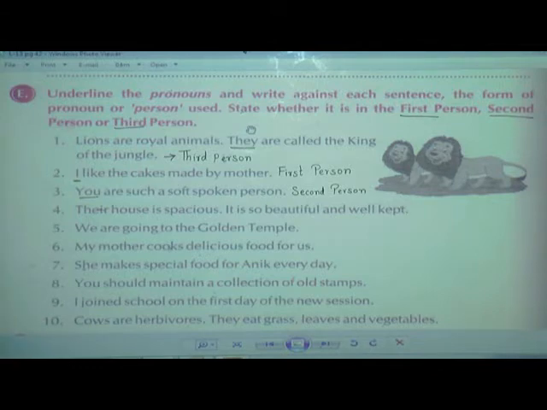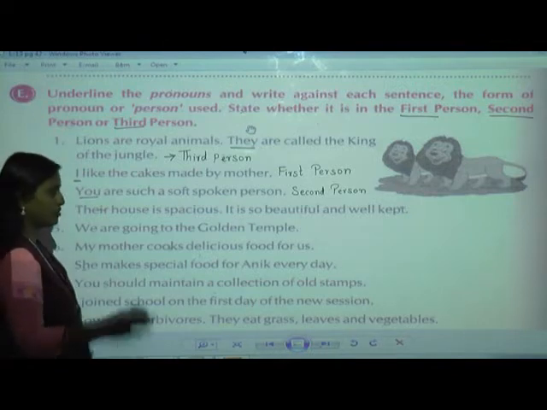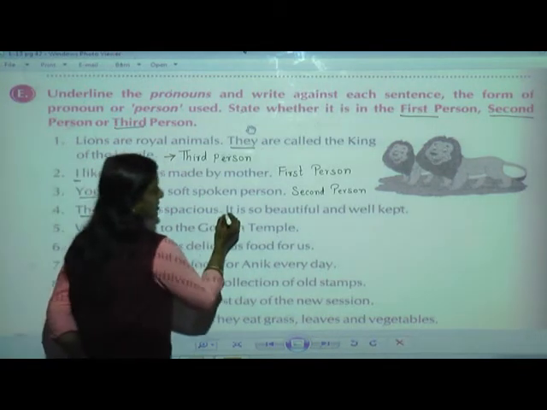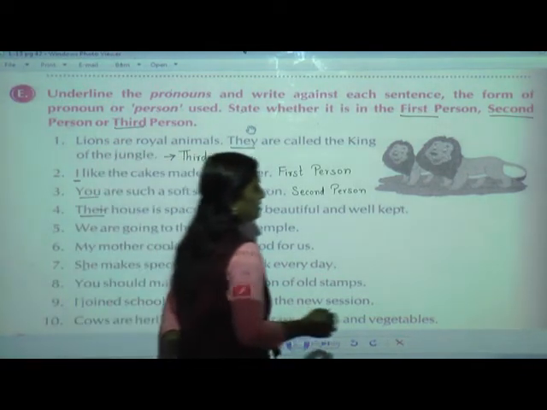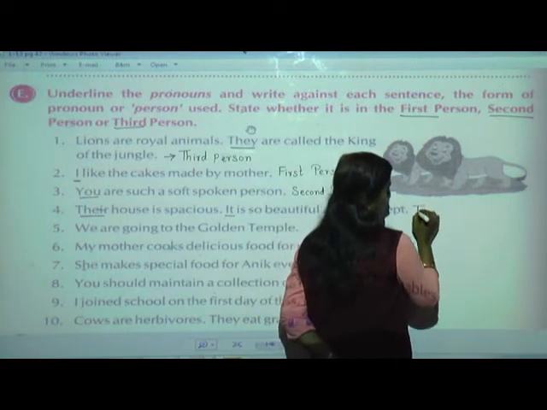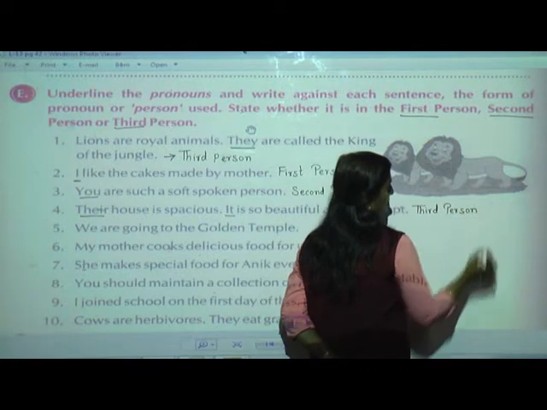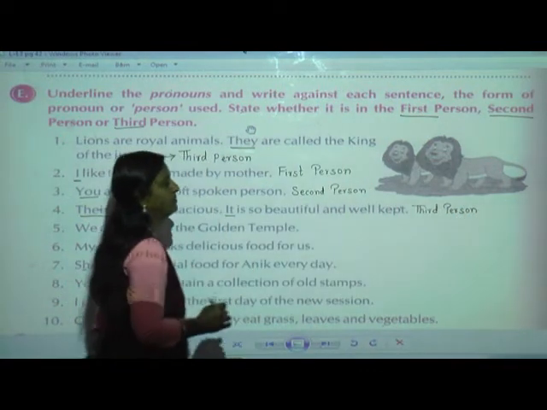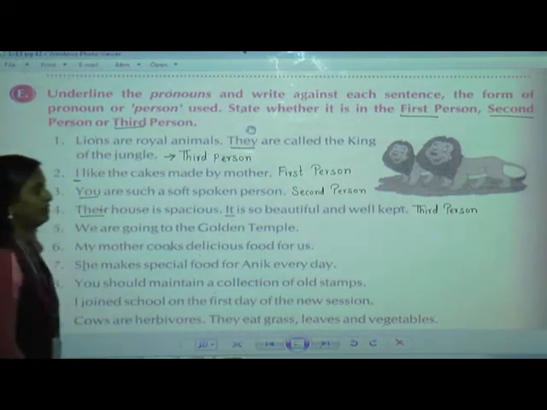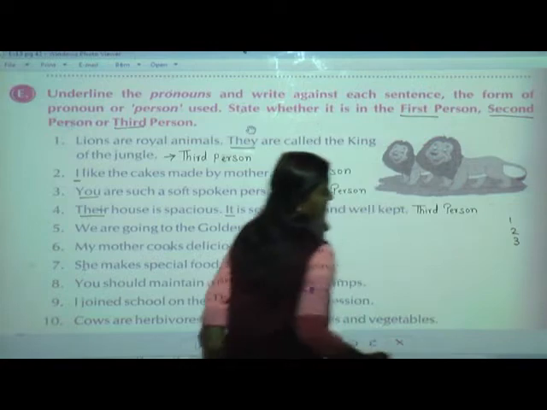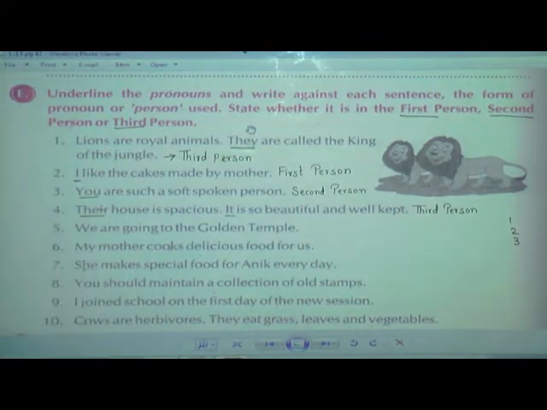Their house is spacious. It is so beautiful and well kept. Means I am talking about the third person's house. So their and it are third person. If you feel it is difficult, you can write here numbers 1, 2, 3 like this, first person, second, and third, but afterwards you have to complete it.